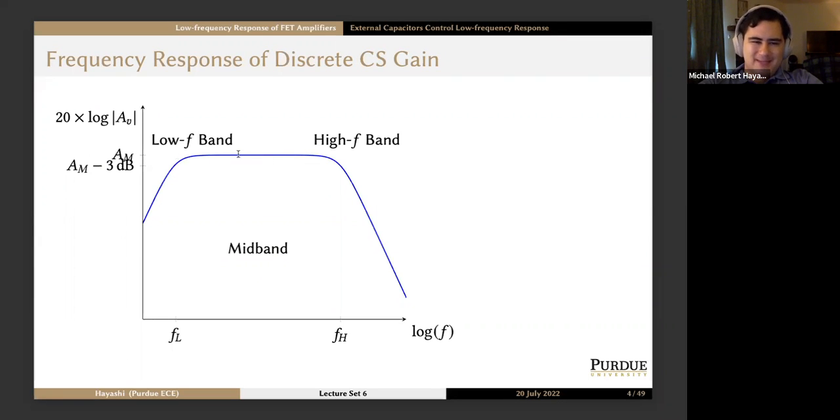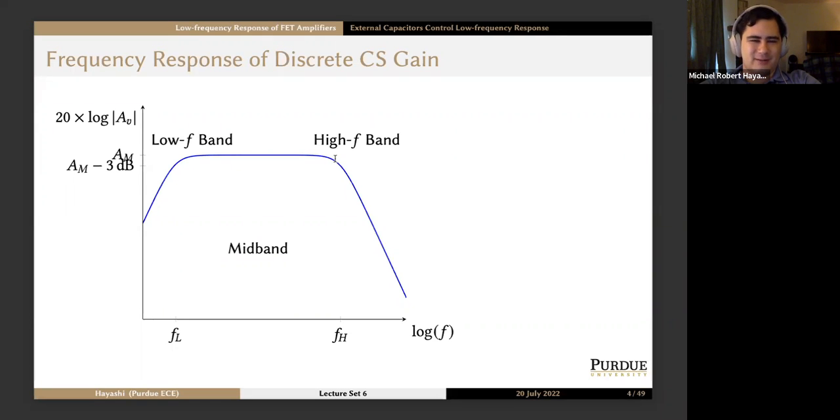The maximum of the gain occurs in the mid-band, and it's at A sub m, for mid-band gain. And we see on this log plot, in decibels and logarithmic frequency, it's very flat in the middle. So FL is probably down near 100 hertz. FH is probably up near 100 kilohertz or a megahertz.